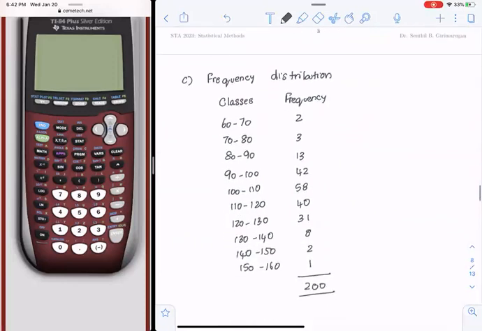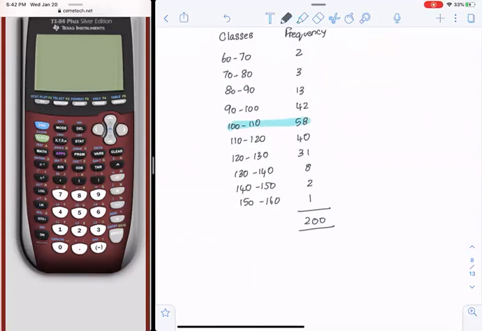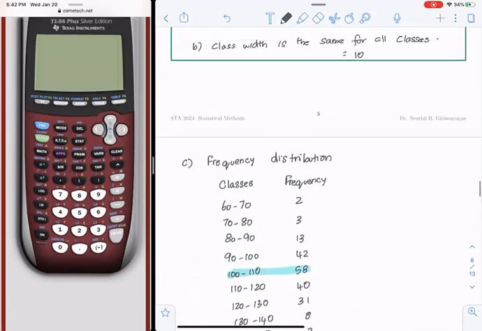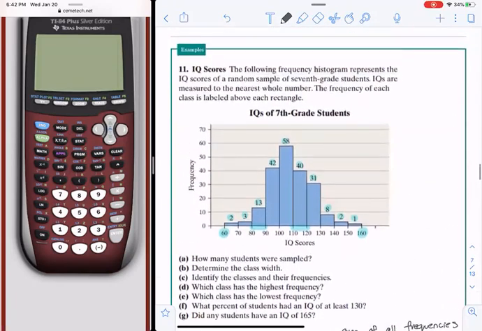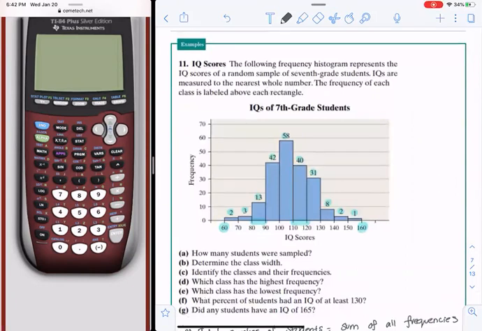If we go and look at the class with the highest frequency, that happens right here. And visually, you can identify the class with the highest frequency just by looking at the graph.